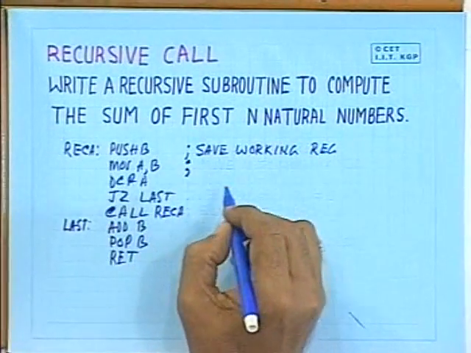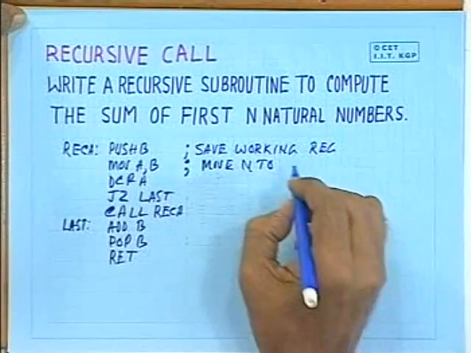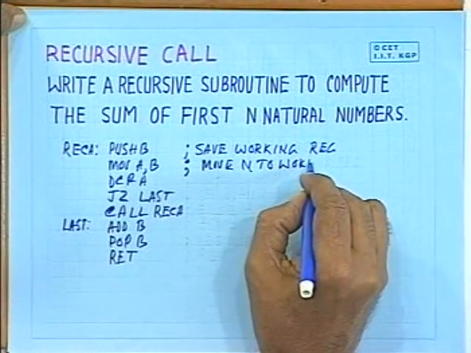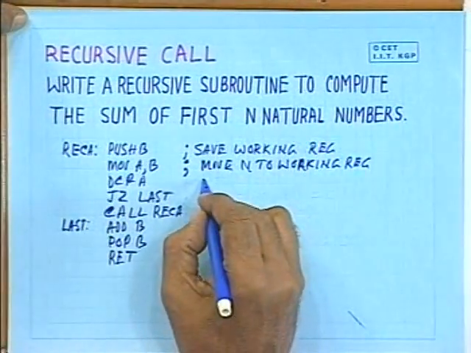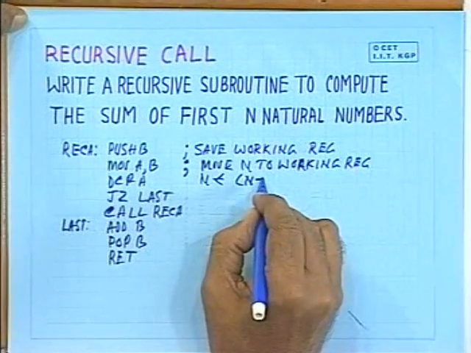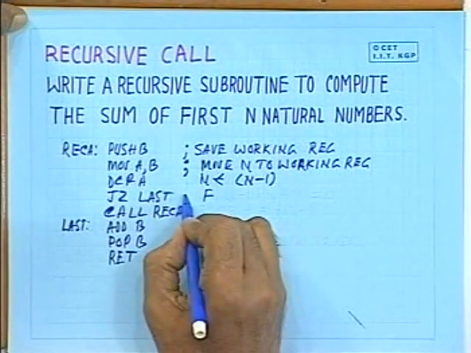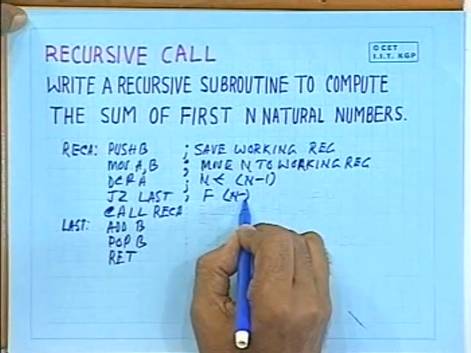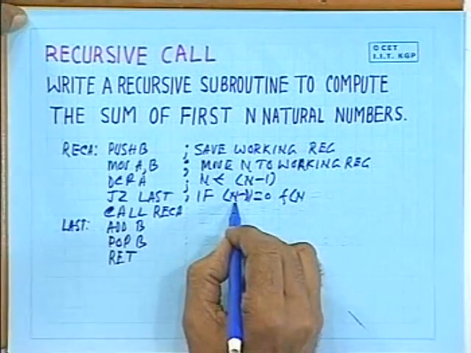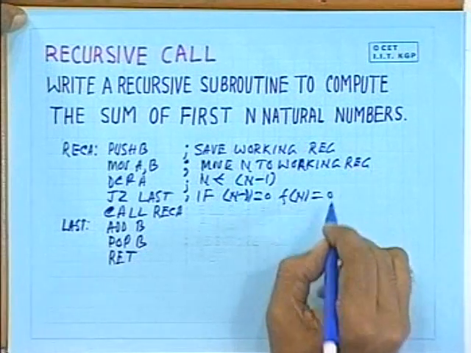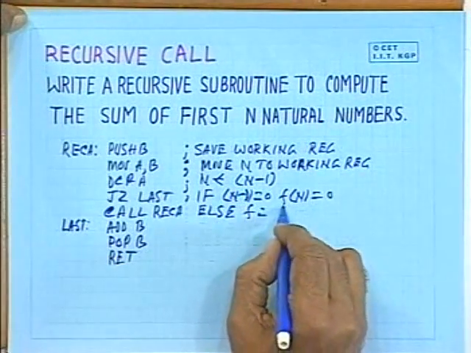Here you are doing move N to the working register, and here you are performing, these are the comments, f n: if n minus 1 is equal to 0, then f n is equal to 0, otherwise f n is equal to f n minus 1.